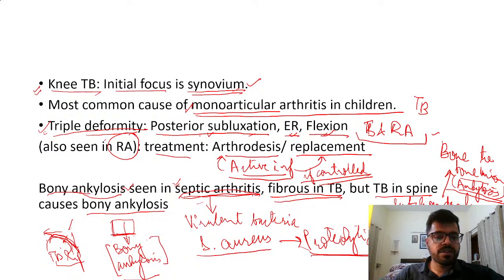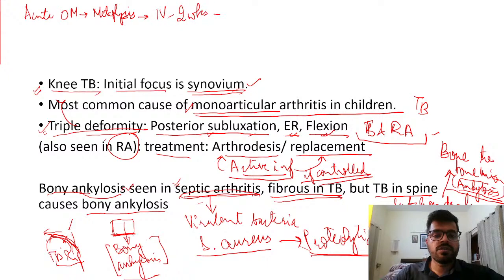So first we discussed acute osteomyelitis, which occurs in metaphysis of long bones, and we give IV antibiotics for 2 weeks, followed by 4 weeks oral.